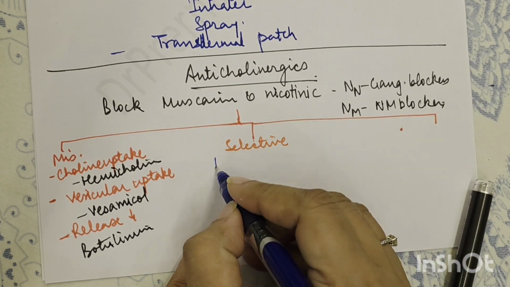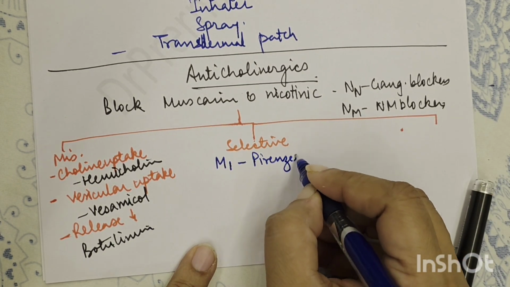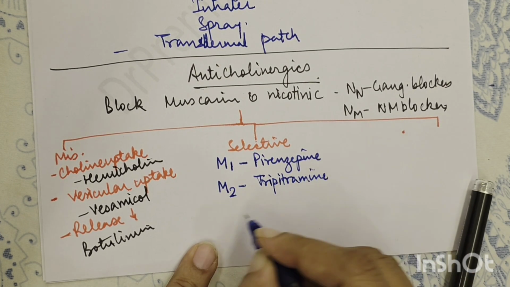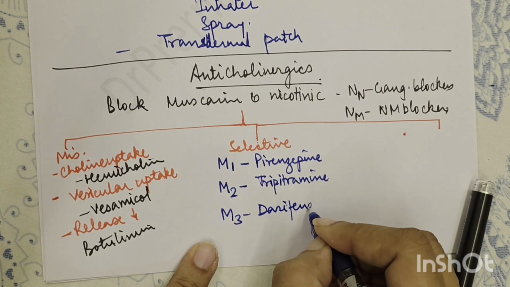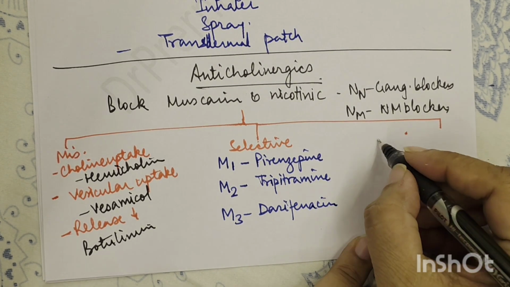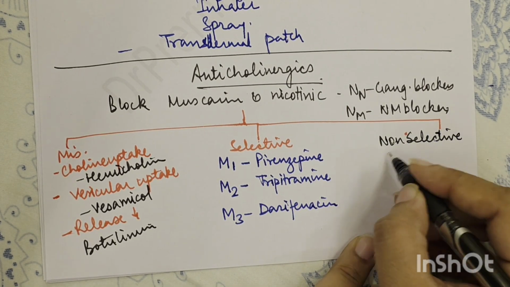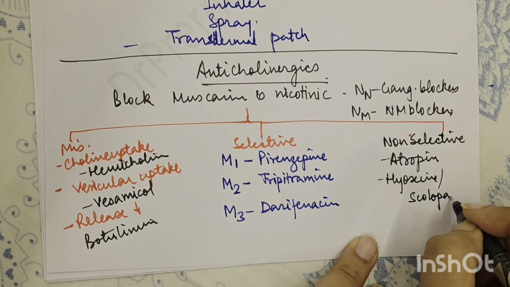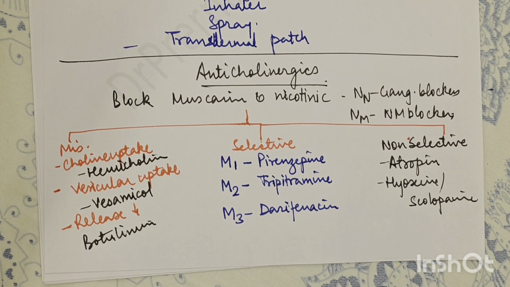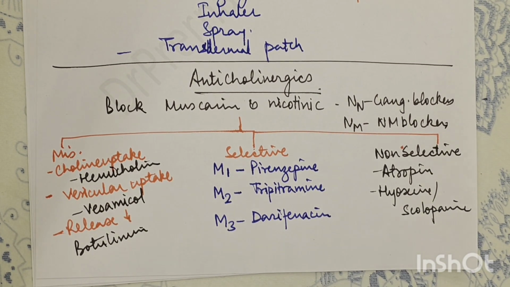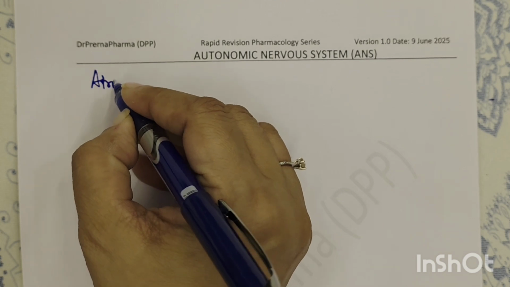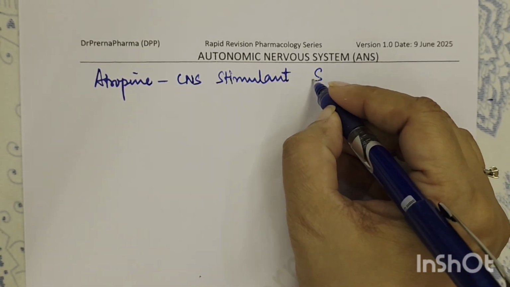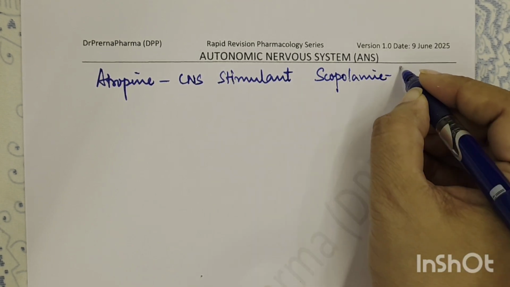Selective blockers में we have M1 selective, that is pirenzepine. M2 selective, that is tripitamine. M3 selective, that is solifenacin, darifenacin. Then non-selective, we have atropine, hyoscine, right, or also called as scopolamine. Okay, so these are the anticholinergic drugs. This is the classification of anticholinergic drugs. Now atropine is a non-selective blocker. We have to understand that atropine is a CNS stimulant, while scopolamine is a CNS depressant.